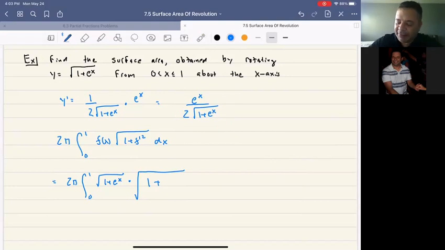So when we square that, that's going to be e to the 2x over 4, 1 plus e to the x.